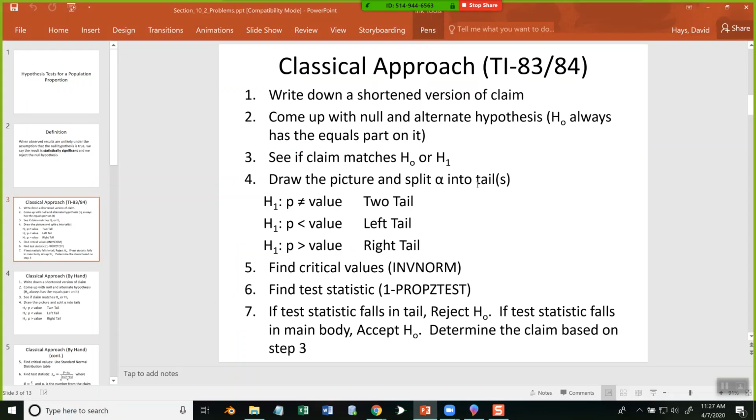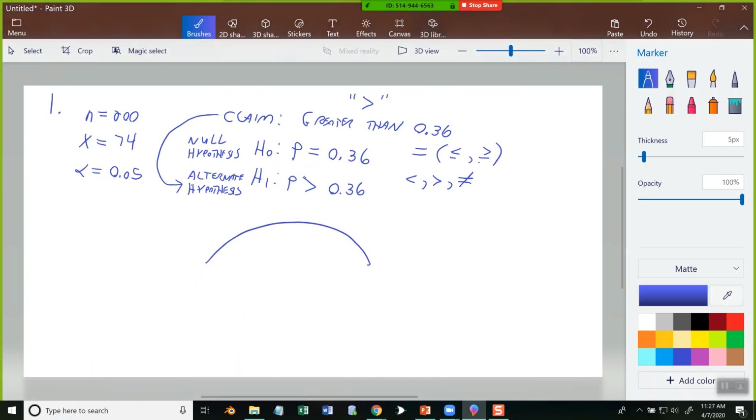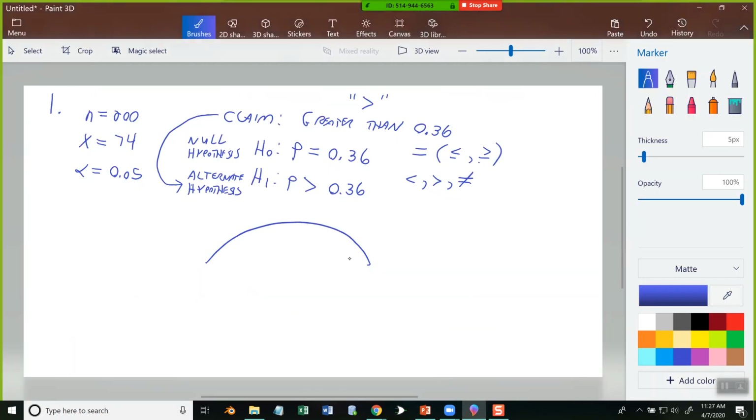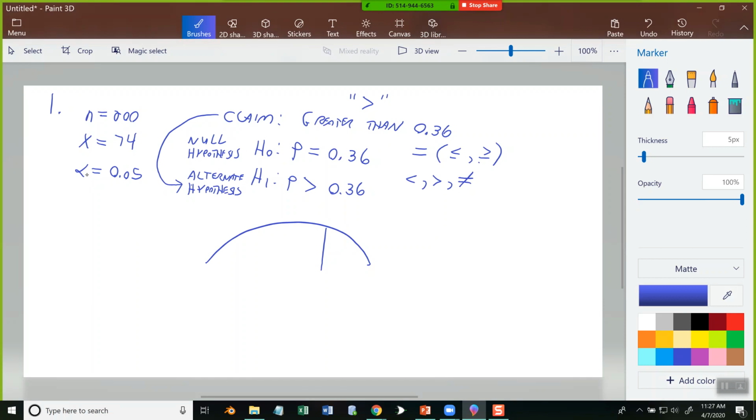Draw the picture and split alpha into the tails. For H1, we have a greater than on it. This says for H1, if we have a greater than on it, we're going to have a right tail. So this will be a right tail. And then it says split alpha into the tails. Now alpha is right here.